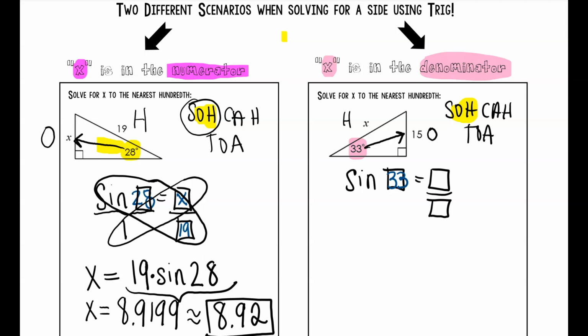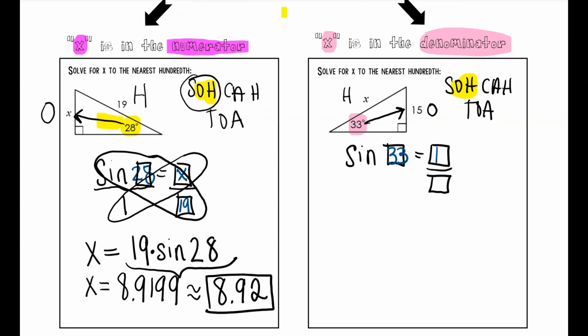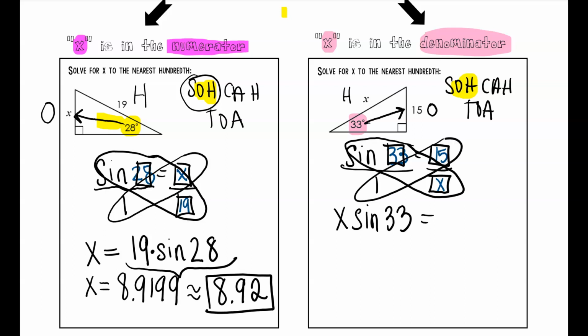The side opposite is 15 over the hypotenuse, which is x. Okay, I'm going to put this over 1, and we're going to cross multiply like we did before. However, if you notice, the x now is going to go with the sine. So the way I'm going to ask you to write that is x sine of 33 is equal to 15 times 1, which is 15.